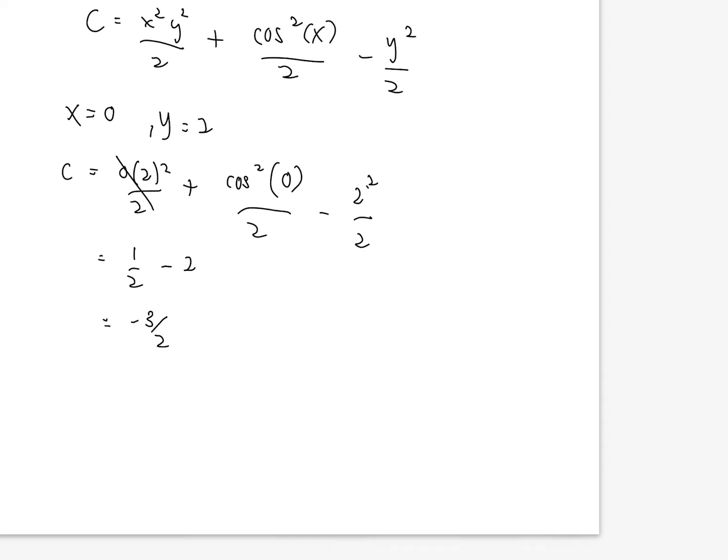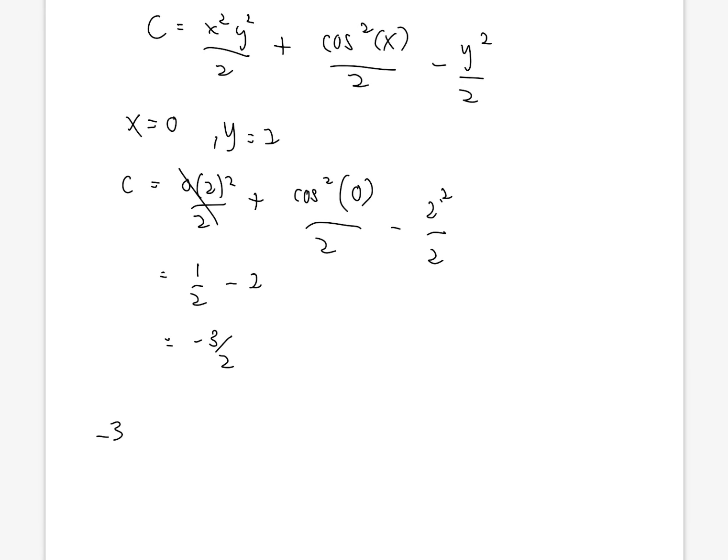So our final answer will be negative 3 over 2 equal to x squared y squared over 2 plus cos squared x over 2 minus y squared over 2.